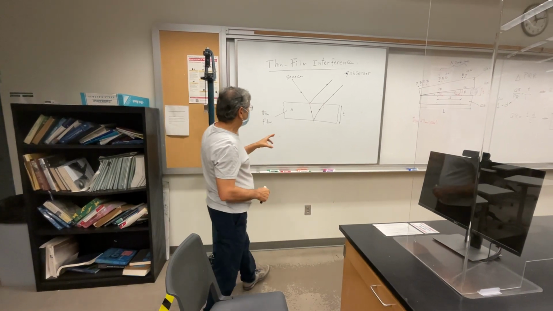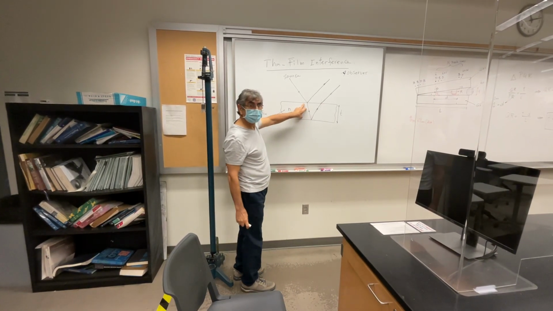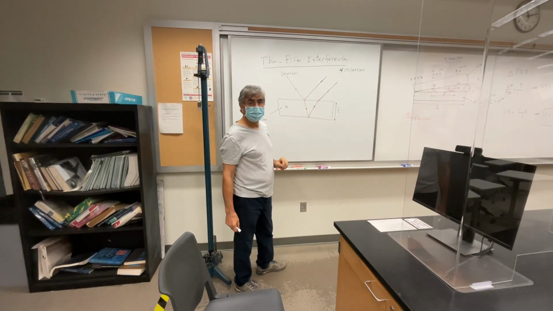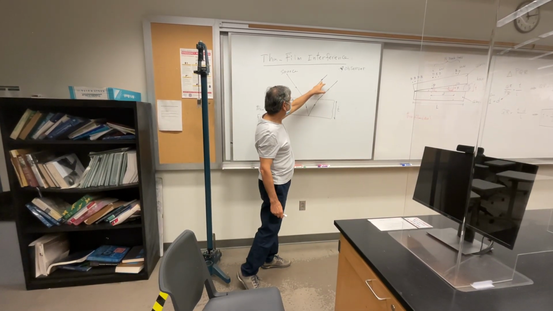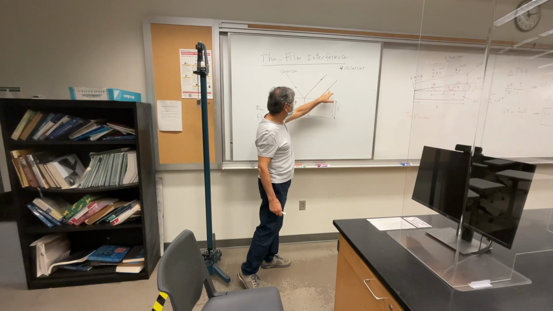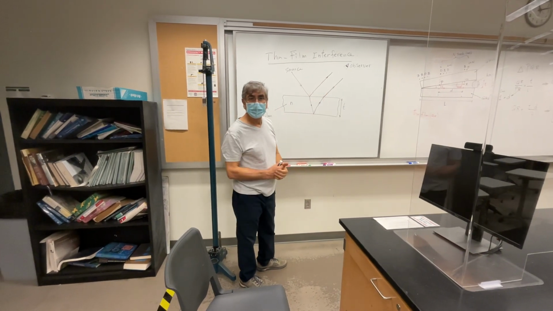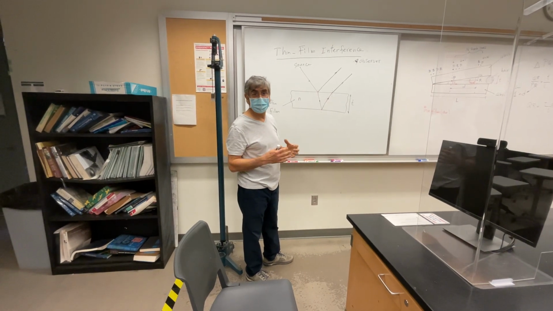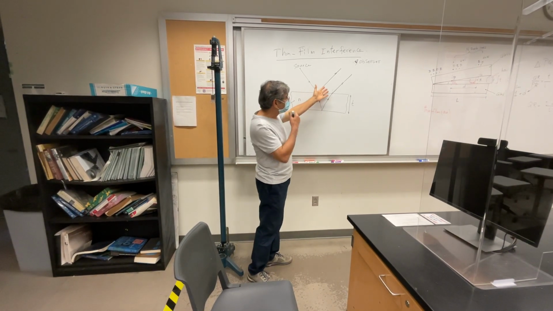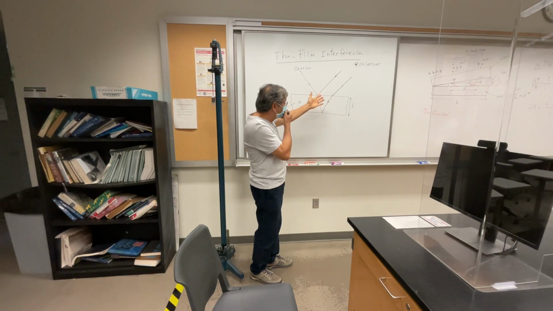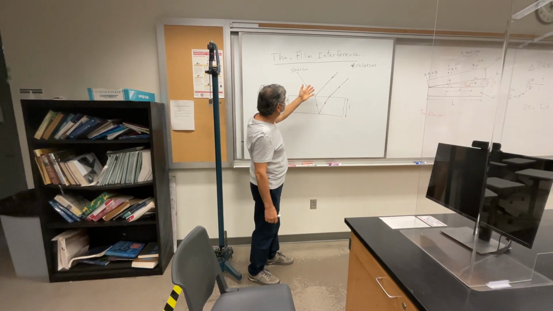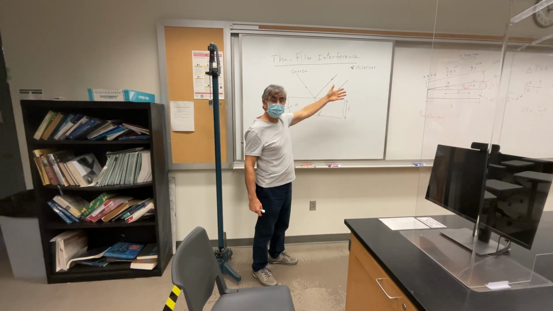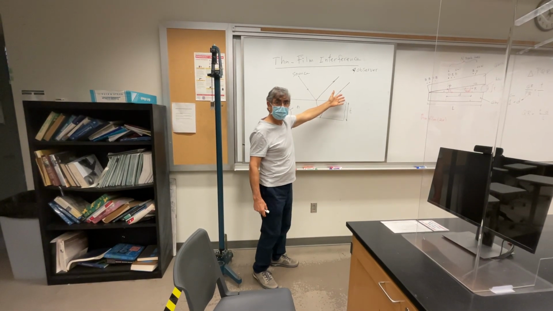Depending on how much this thickness is, they are going to have a phase difference between them. So this set of rays and this set of rays are going to interfere with each other, but they will have a phase difference. Depending on the phase difference, we can have either a constructive interference or a destructive interference.